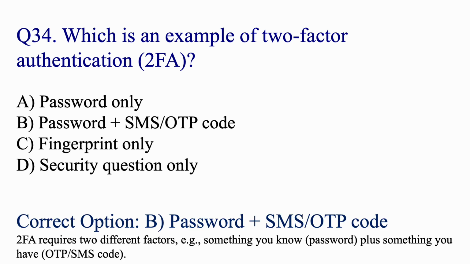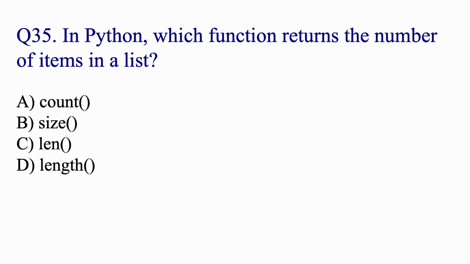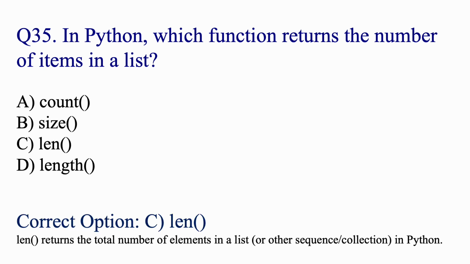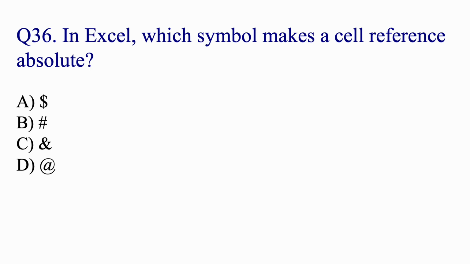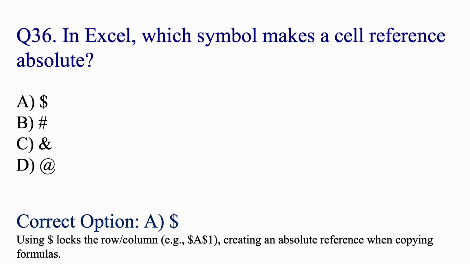Password plus SMS and OTP code. In Python, which function returns the number of items in a list? Len parenthesis. In Excel, which symbol makes a cell reference absolute? $.